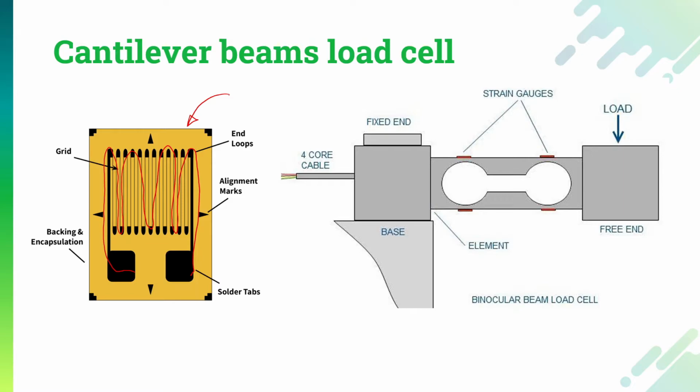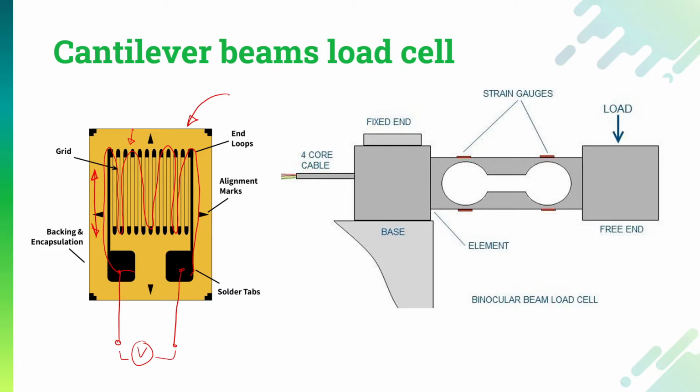So whenever I apply any kind of potential, or say any voltage, over here, and I expand or contract this grid, the resistance of the whole grid will change, and the output available over here will reflect that particular data. This is how the strain gauge works.